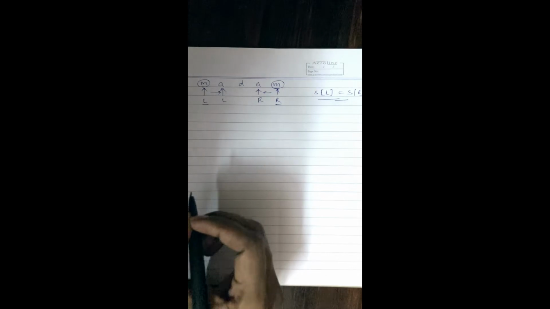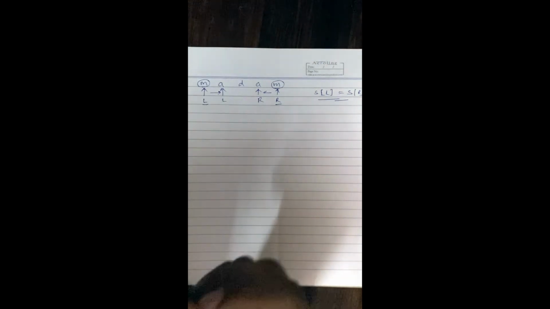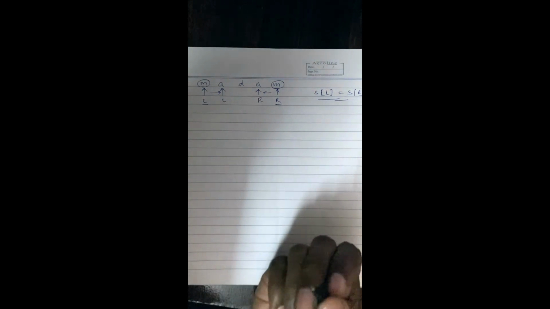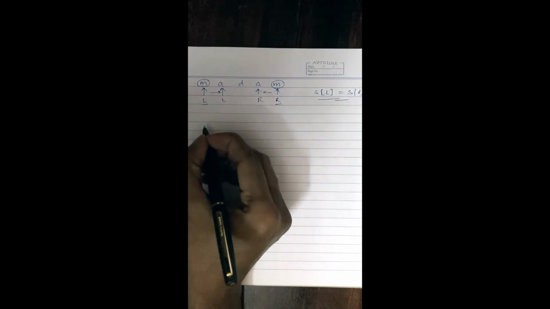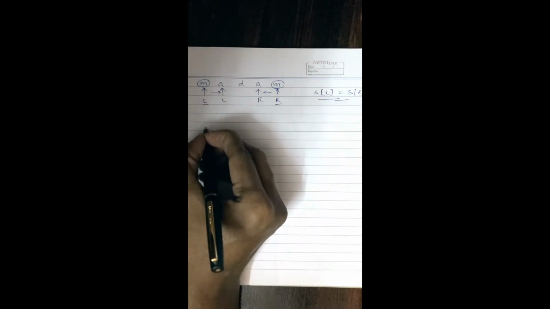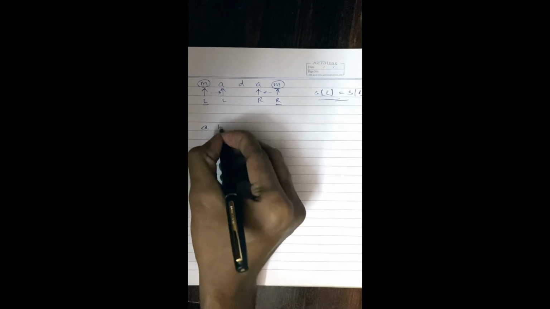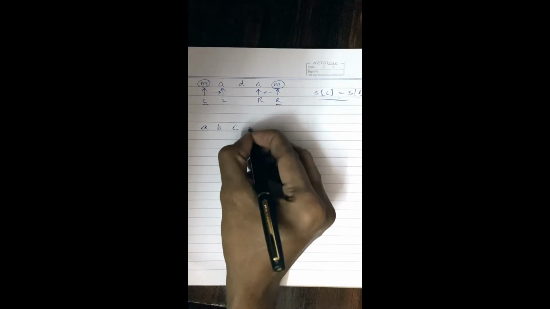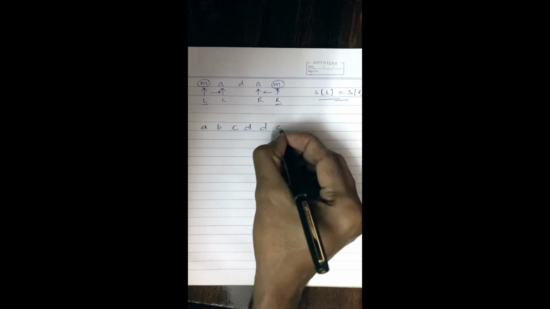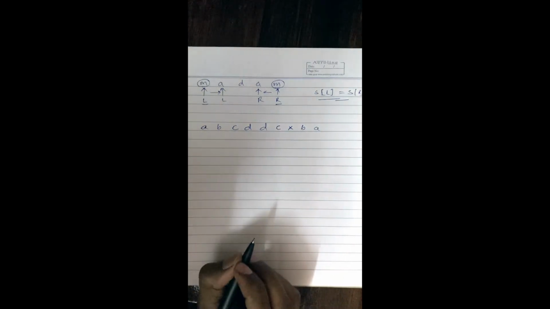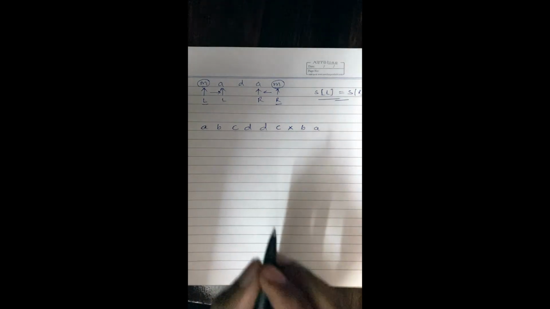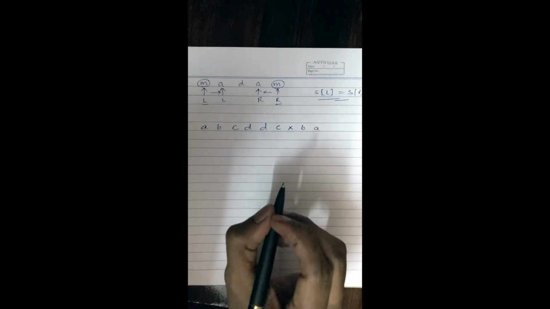Now we'll take another example where one character needs to be deleted to make the string a palindrome. Let's take A, B, C, D, then D, C, X, B and A. Here we have a character which needs to be deleted to make the whole string a palindrome.